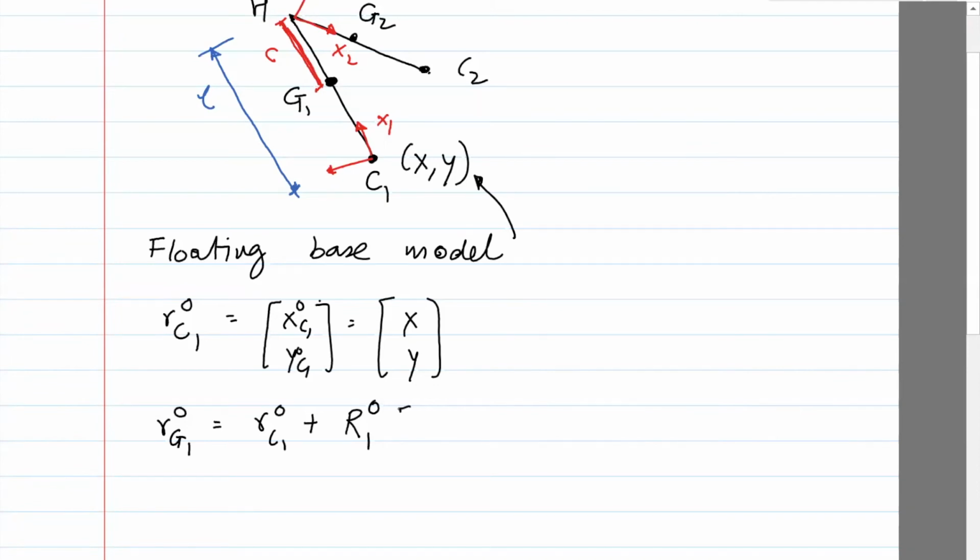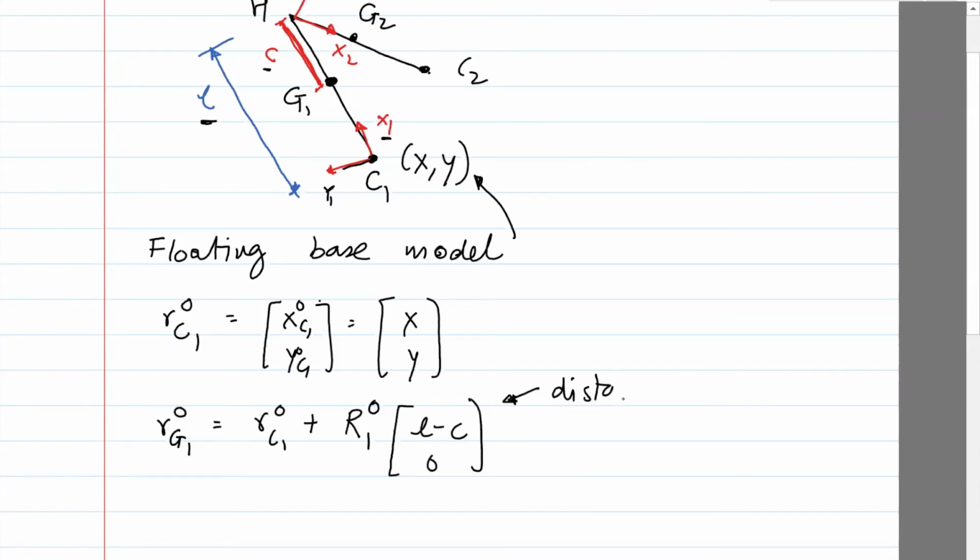So this is going to be R10 times the distance from C1 to G1 in frame 1. Okay, so in frame 1, which I've shown here, the distance is clearly the length L minus C. So L minus C along the x-axis, and along the y-axis which is shown here, the length is 0.